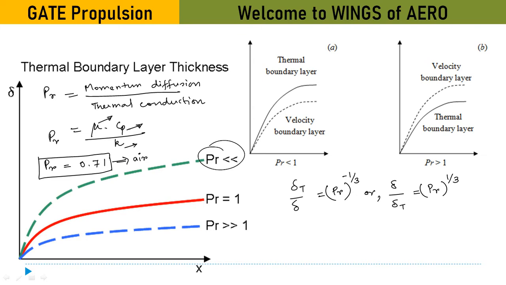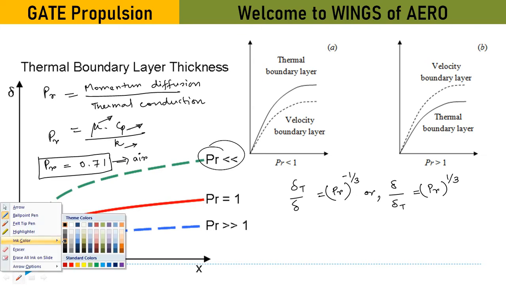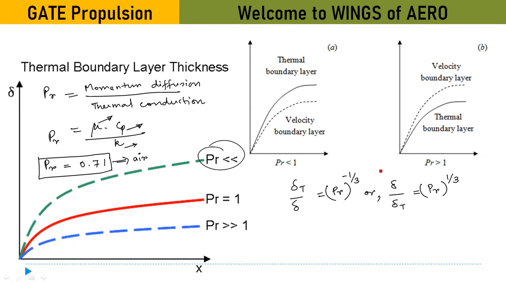The second one, now based on this, we will see how this will be dependent. First we will see when Prandtl number is 1, then it will be easy. Now what is meant by Prandtl number is 1?